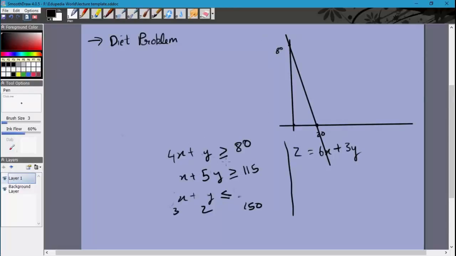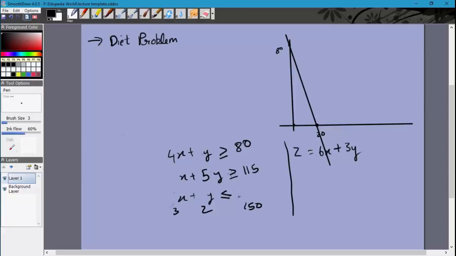Okay, now it's a greater than sign, so we need to look at which direction it falls on, right? Any point here will have a smaller value of x and y. Any point here will have a greater value of x and y. So we are looking at the right hand side of this line, right? That's important. We've already studied inequalities in mathematics, right?